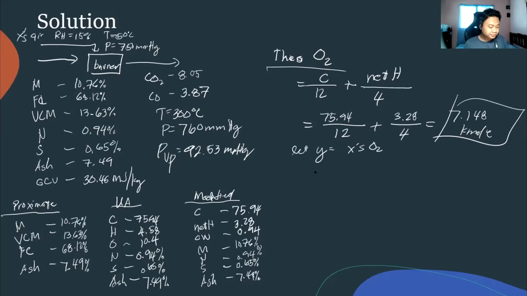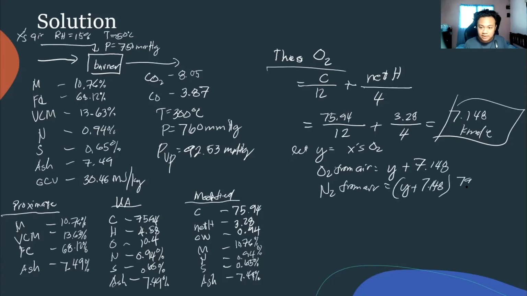And then we have the O2 from air, which is the excess O2 plus the CO2. And then we have our N2 from air, just multiply this by the ratio 79/21. We will need the atomic C balance, so we will have to know the stack gas.